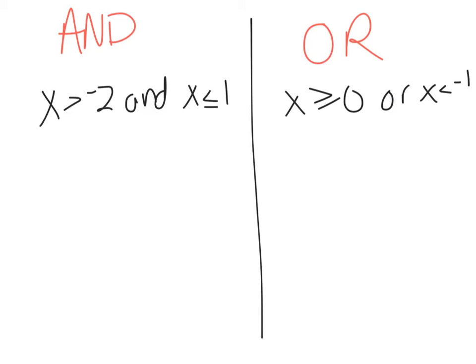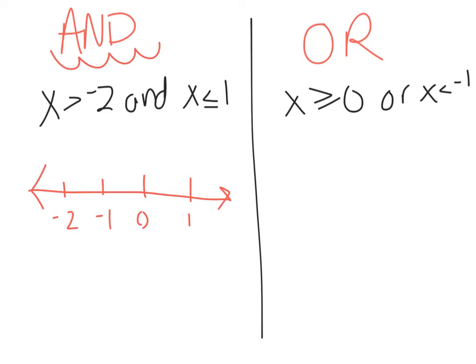So look at the first inequality, the "and" inequality. x has to be a number that's greater than -2, and it also has to be a number less than or equal to 1. If you think of a number line, the numbers that satisfy this inequality are numbers that are greater than -2, which is that graph, but also less than or equal to 1.